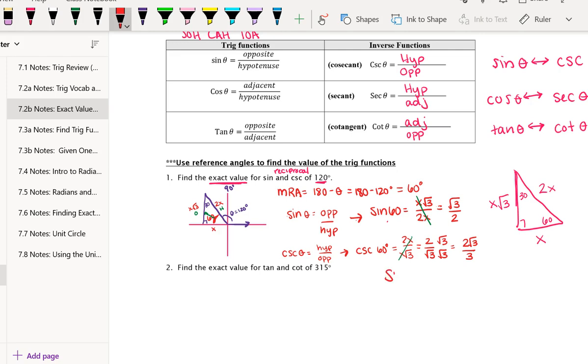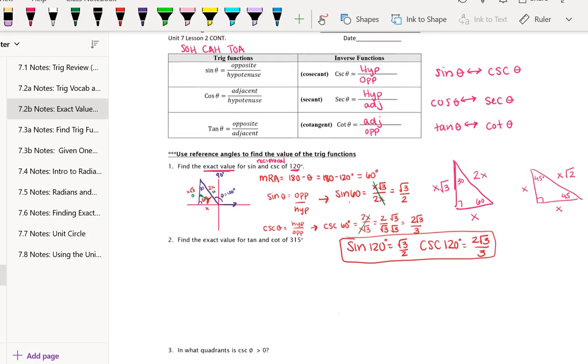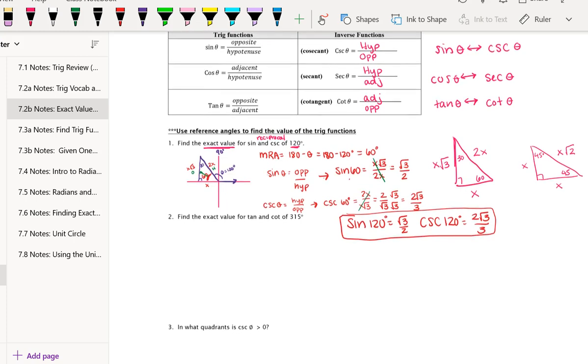So therefore the sine of 120 degrees is equal to the square root 3 over 2, and the cosecant of 120 degrees, sorry, that was degrees also, is 2 square root 3 over 3. And so this is the answer that we were looking for in that question. Okay? It's a little confusing, but it does get easier as we do some examples.